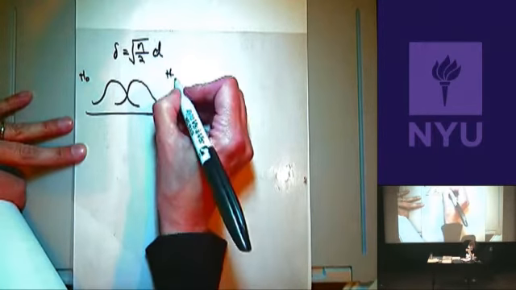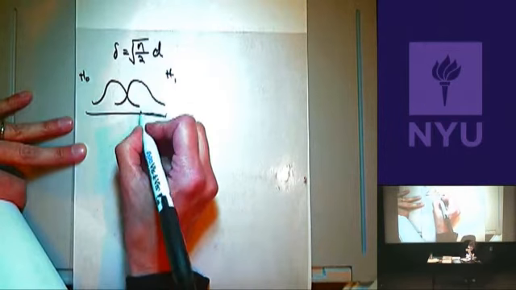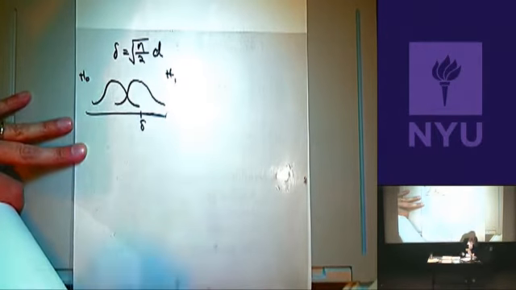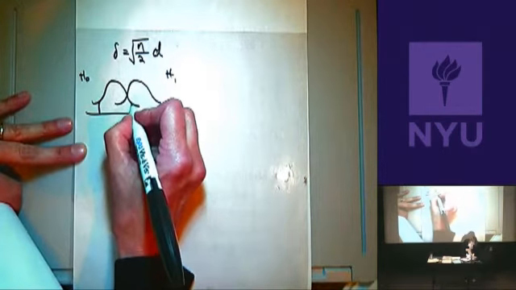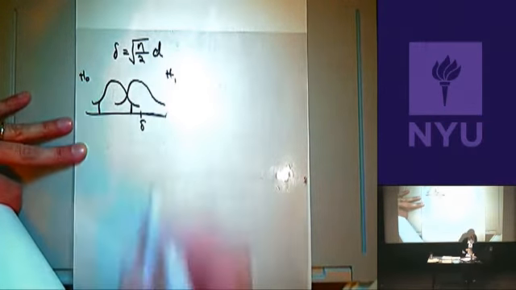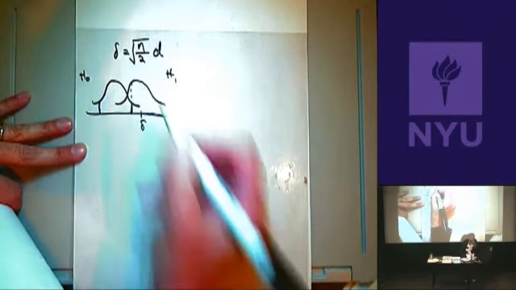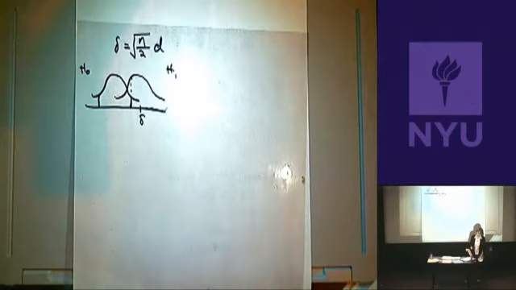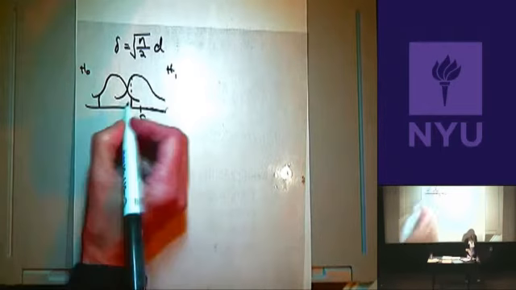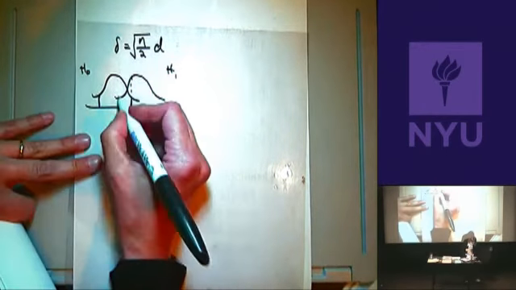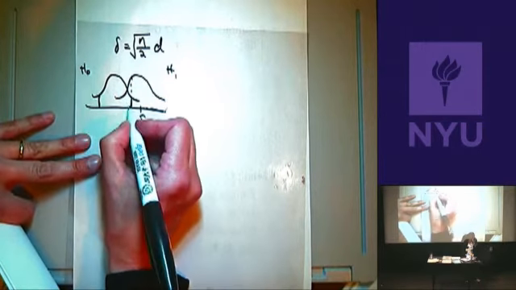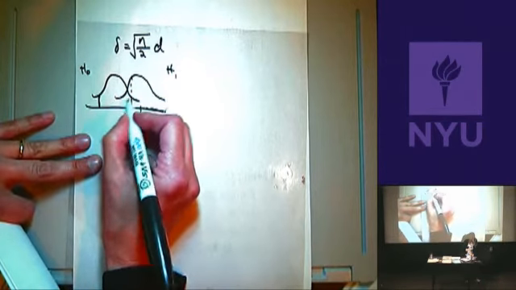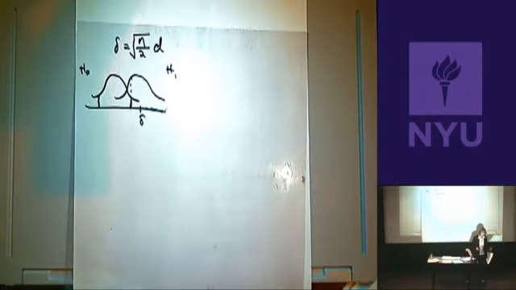So we have our two distributions. The center of this distribution is delta. And let's say these are our critical values. So I take the critical value from my null and map it onto my alternative. So we're looking at the area under the curve for the alternative. On the left side of this line, what is that?